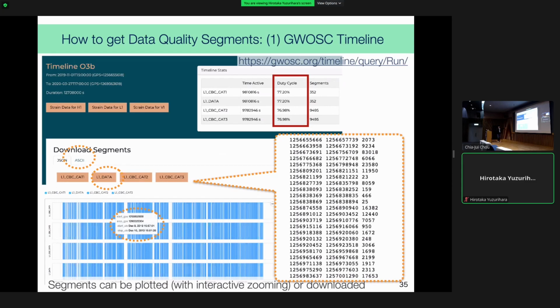Also this kind of segment bar will be shown. This is static, but if you visit the web page, this bar will move interactively, zooming in or out, or you can download.